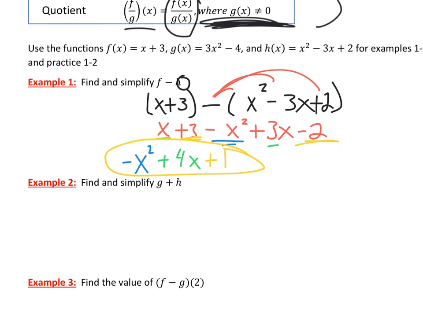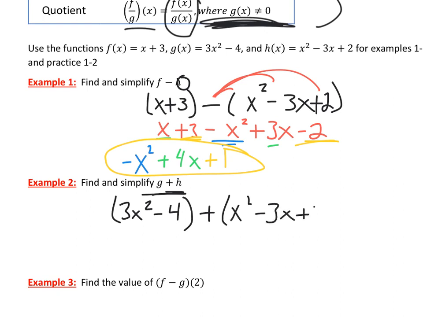For example 2, we're trying to find g plus h. So again, just setting it up, g of x is 3x squared minus 4. Plus sign, h of x is x squared minus 3x plus 2.